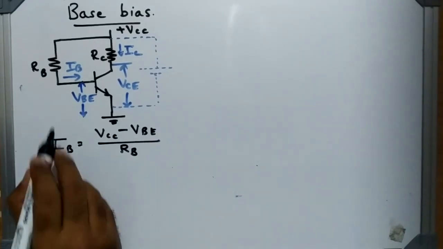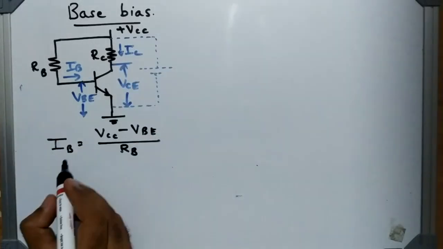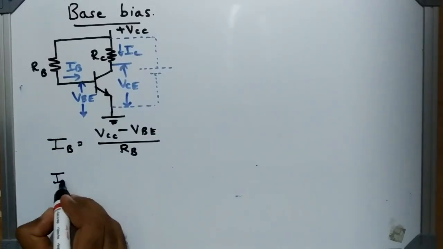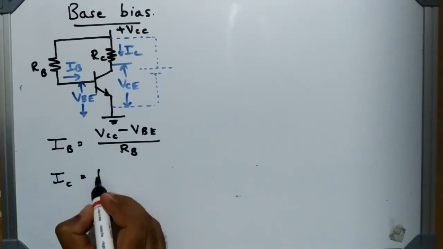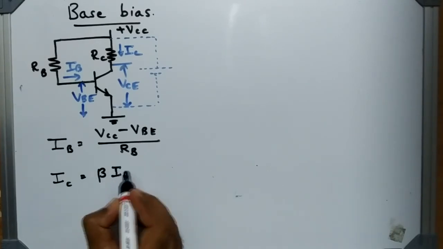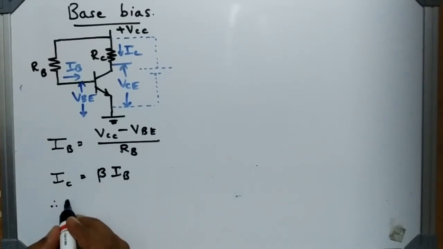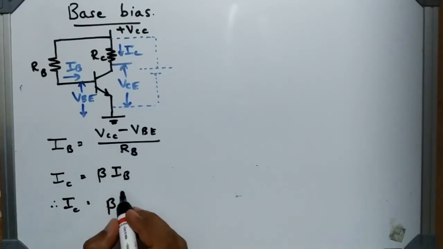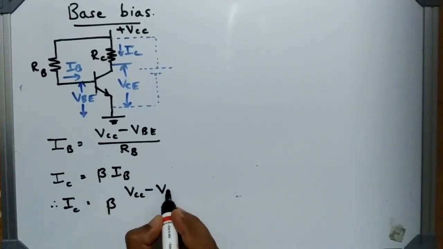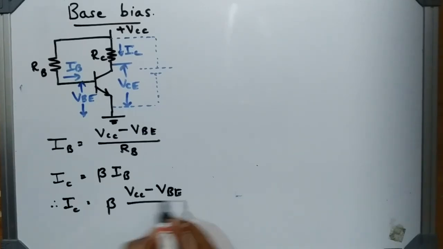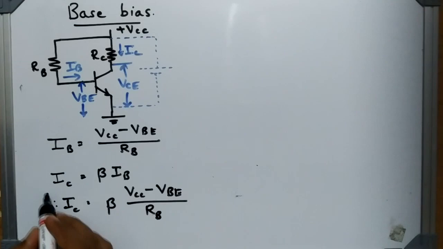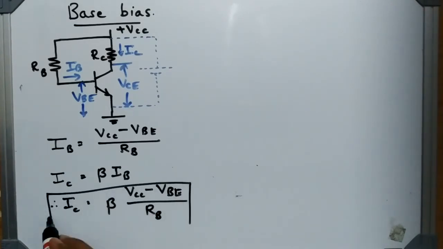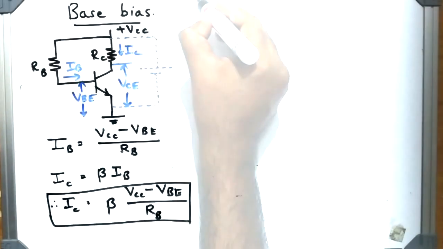Now from this, if you know the base current or the input current, how to calculate the output current? That is IC equal to beta times IB. Therefore, IC is beta into IB, substituting, beta times VCC minus VBE divided by RB. So this is the output current or the collector current.